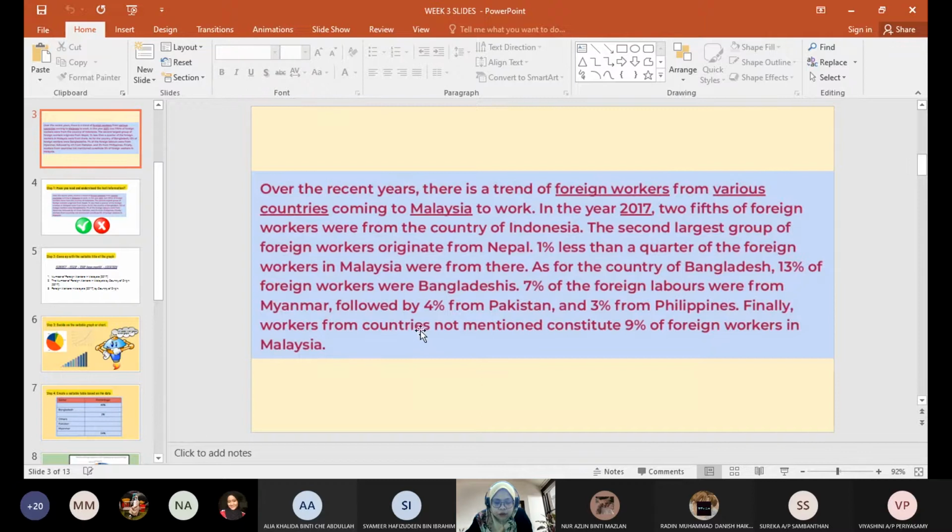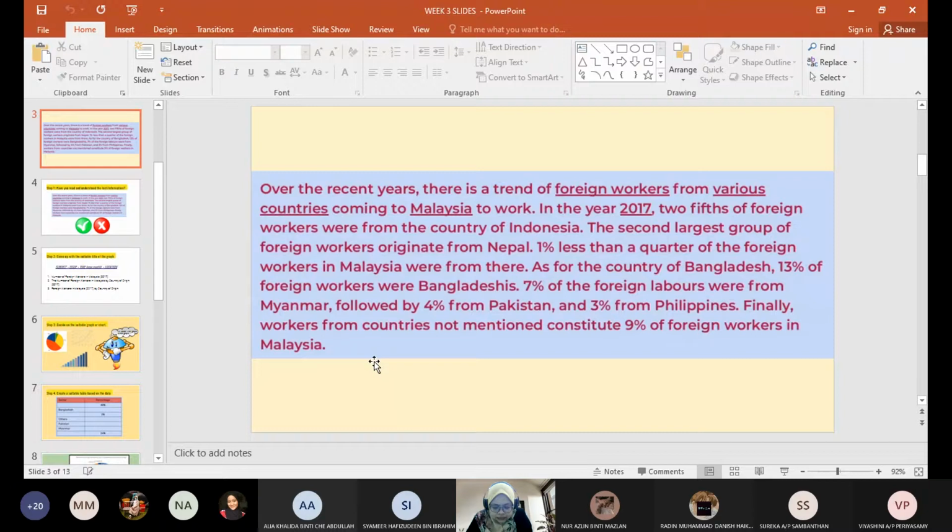Finally, workers from countries that are not mentioned constitute 9% of foreign workers in Malaysia. So, yang last kali dia ada countries yang not mentioned tu, you boleh tulis others. Okay, lain-lain.